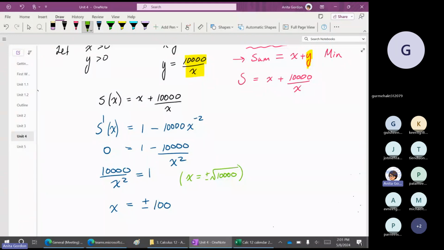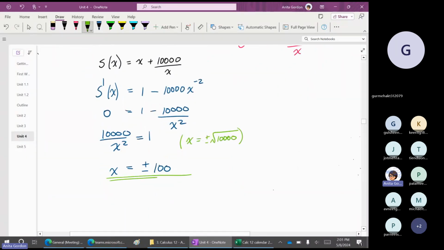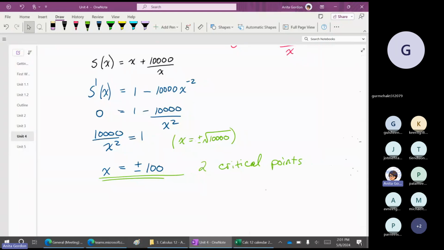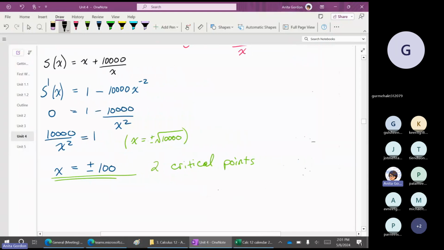Okay. So now what this has told us is we have two critical points. And there's going to be two ways we can test it. Either we draw a little number line and say, okay, negative 100 is here, positive 100 is here. Let us test s prime of negative 110, something on the left side.